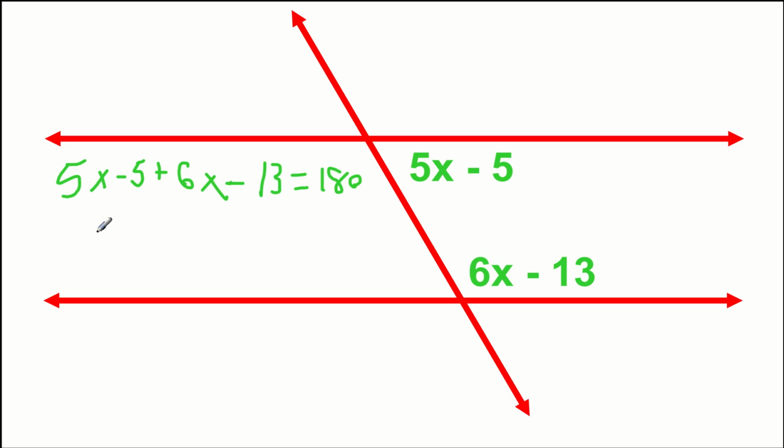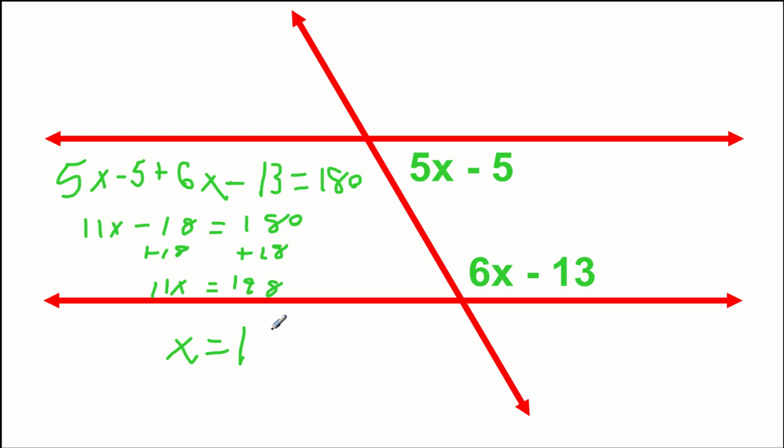So when I combine these, I've got 11x minus 18 equals 180. I add 18. So I got 11x equals 198. When I divide by 11, I get x equals 18. Okay?